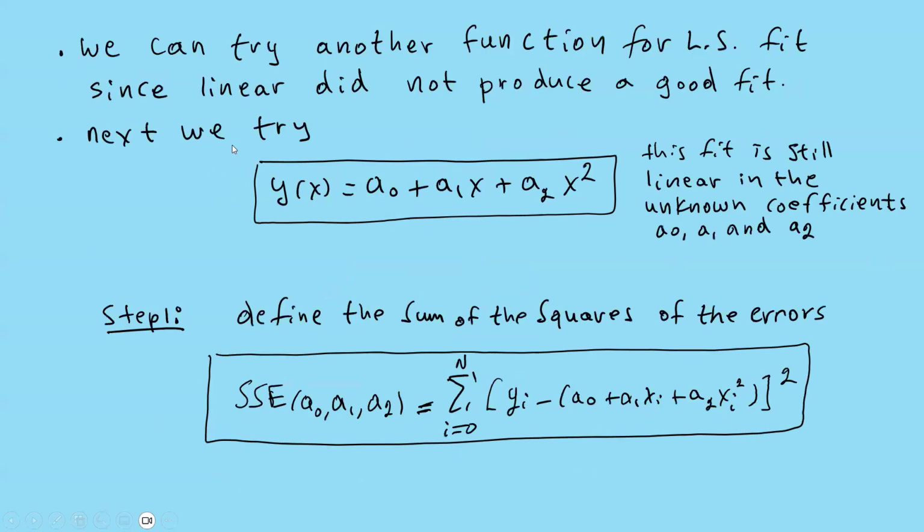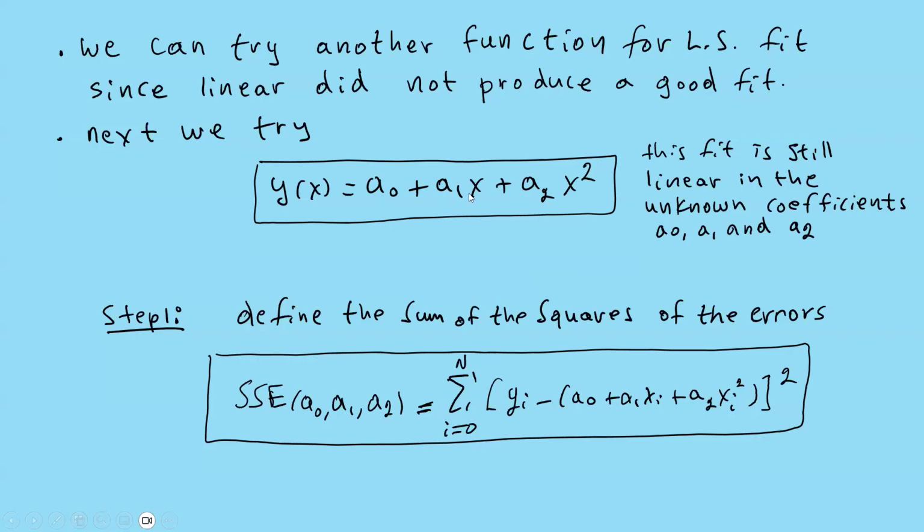For example, if we are using a second order polynomial function fitting over the noisy data, again, we will do the same process. We write the SSE, and as you can see, we have three variables, a0, a1, and a2.